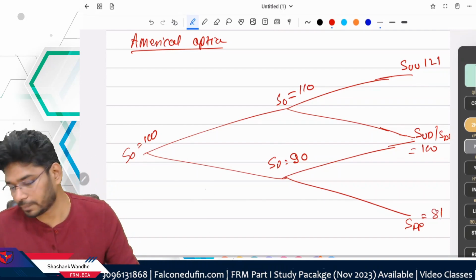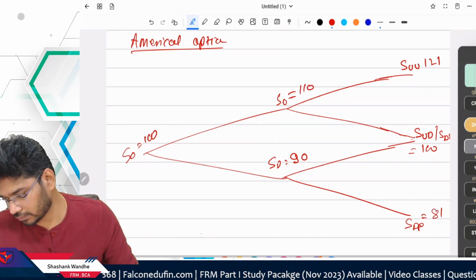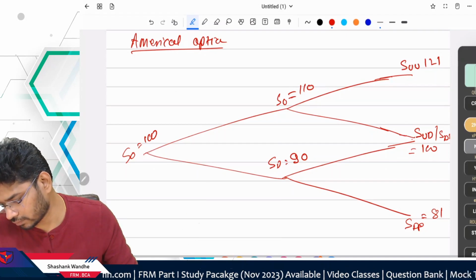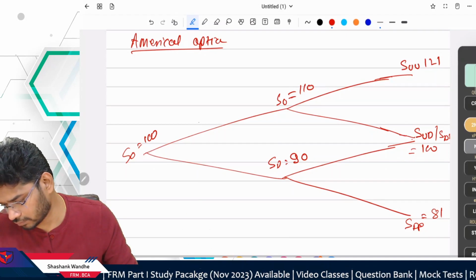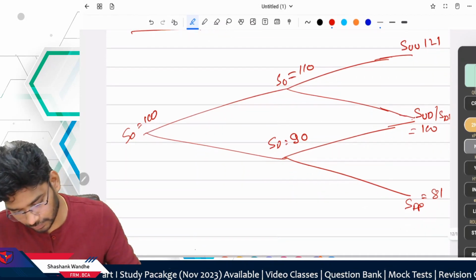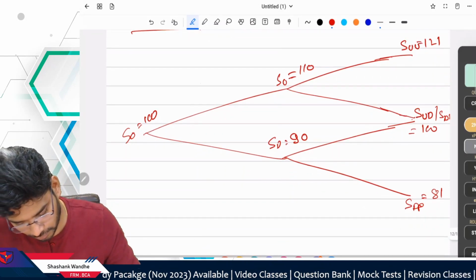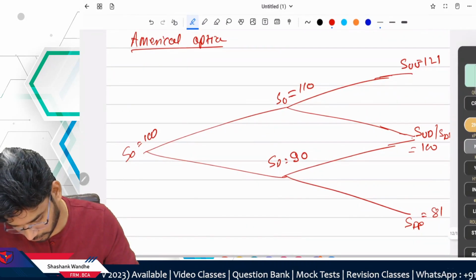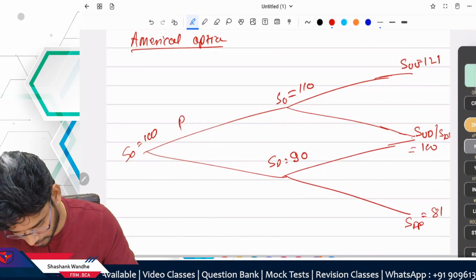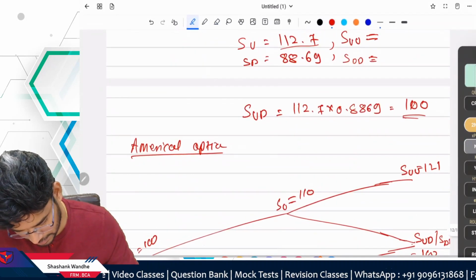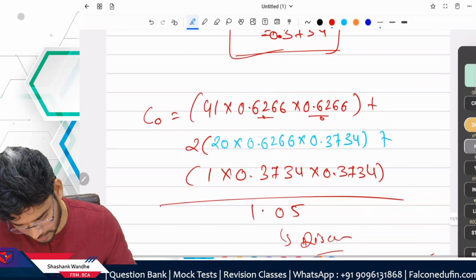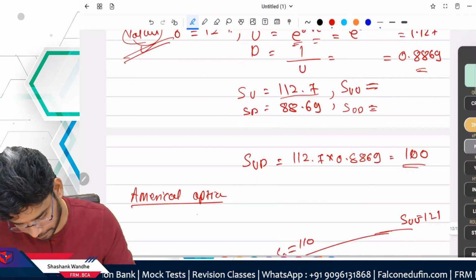Now the probabilities here are 0.6266 and 0.3734.